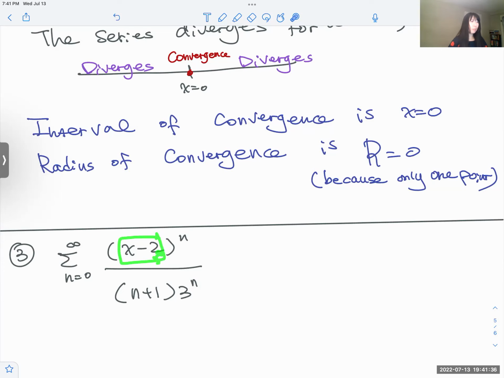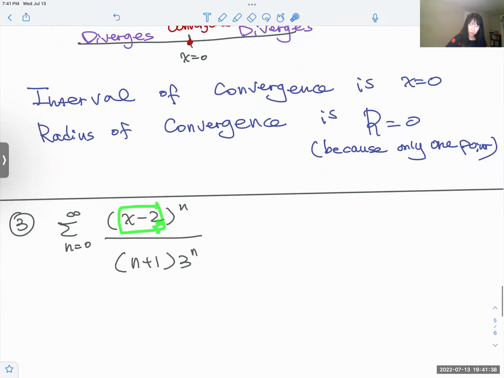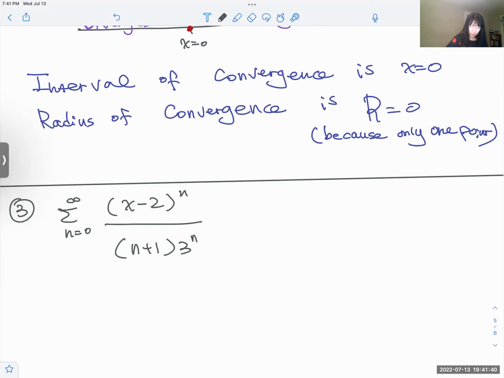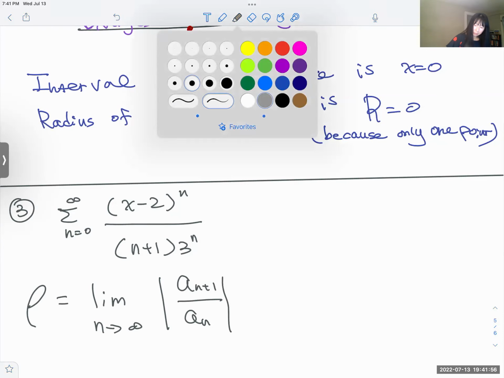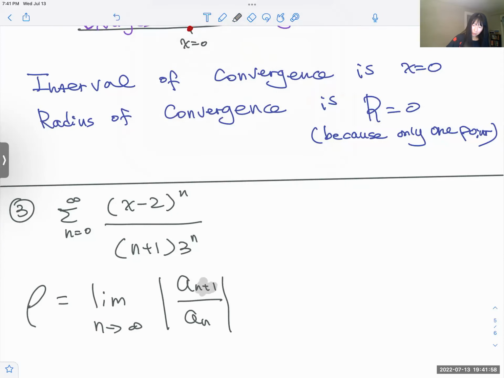Now we're going to do the ratio test, with the limit as n approaches positive infinity. So we're going to substitute n plus 1 into n.